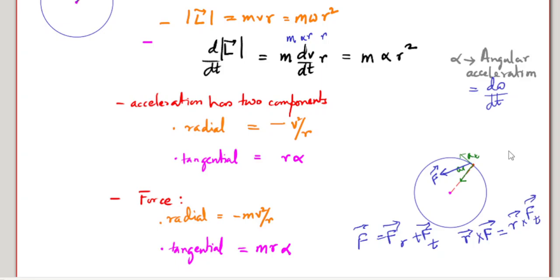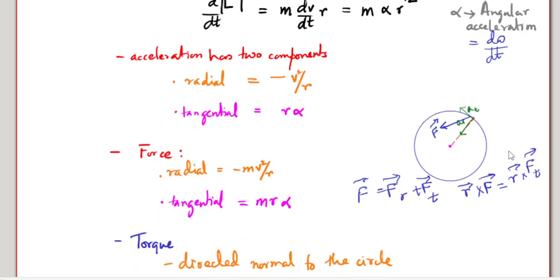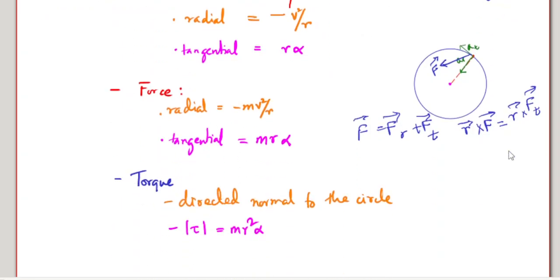And because r and Ft are two vectors which are perpendicular to each other, one being radial, the other being tangential to the same circle, the angle between these two vectors is 90 degrees. So the magnitude of the cross product, the magnitude of the torque, will simply be length of r vector times length of the vector Ft. So that's simply given by r times m r alpha, m r square alpha.